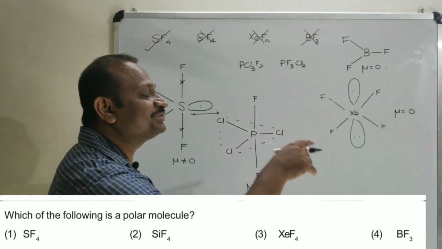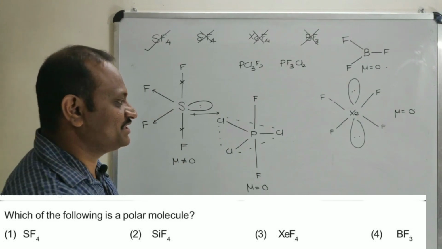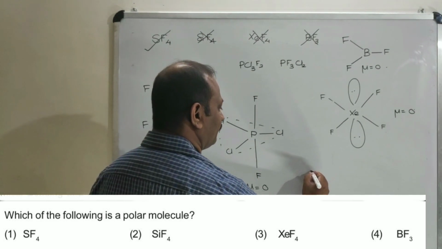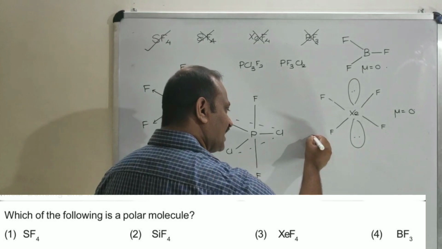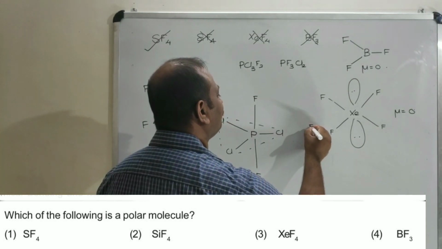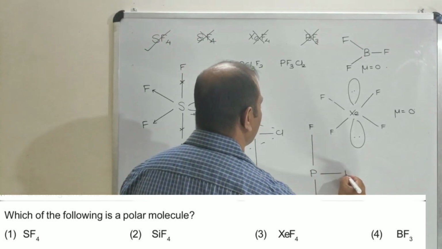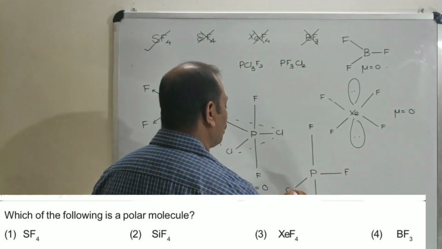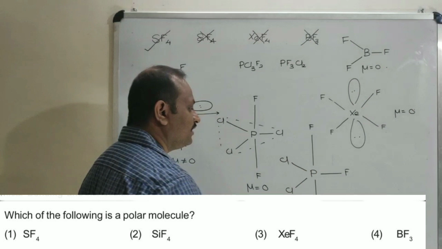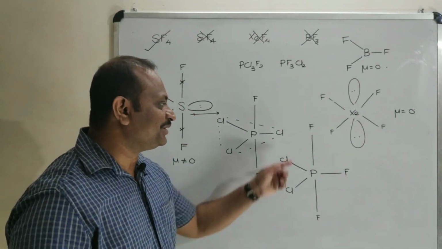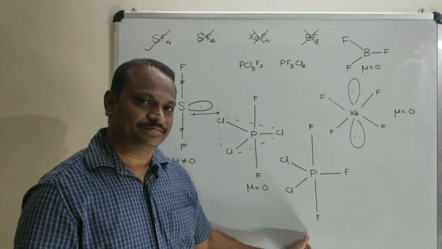But when we come to the next molecule, there is a different scenario. We have phosphorus at the center. Here I need to keep fluorine, here also fluorine, here also fluorine. Next chlorine, here also chlorine. In this case, I am not keeping 2 chlorine atoms on the opposite side. Why?